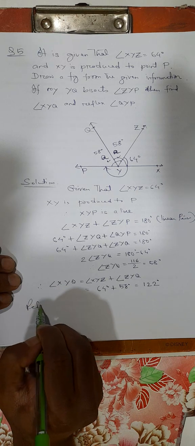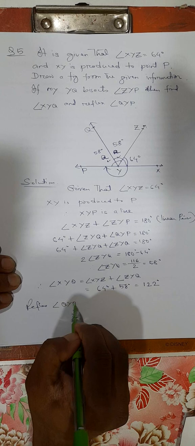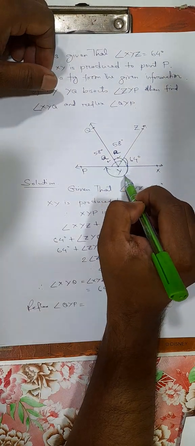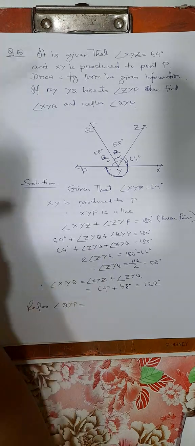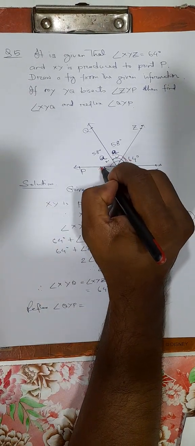Now you have to find the reflex angle QYP. Reflex angle QYP means this angle. Let us mark this with red color. You have to find this angle.